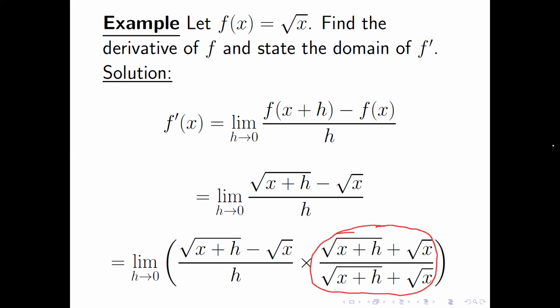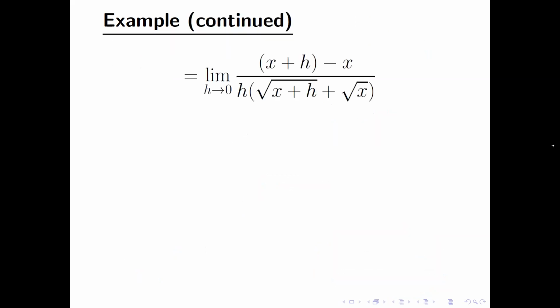But you must check what is going on here. One can note that from the square root of x plus h minus the square root of x, we just change the sign. When we multiply by this special one, the sign has changed from negative to positive. This is how you rationalize.